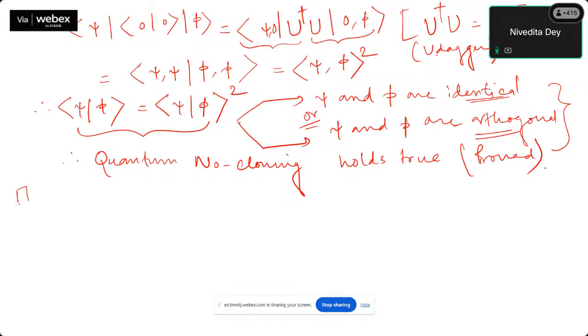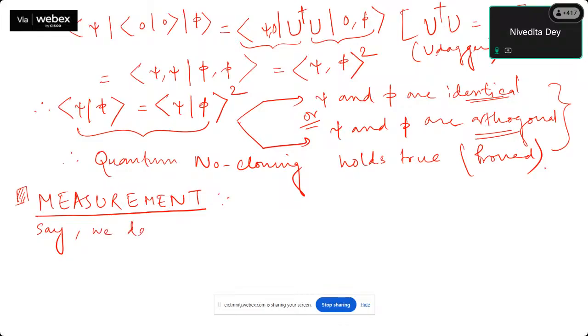Another very important aspect is measurement. Measurement aspect. So measurement is, say we define measurement operators being positive. Just let me write a brief of the mathematical definition, then I will explain it with some example. Say we define some measurement operators.